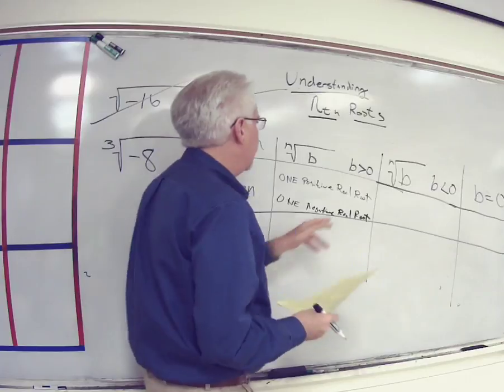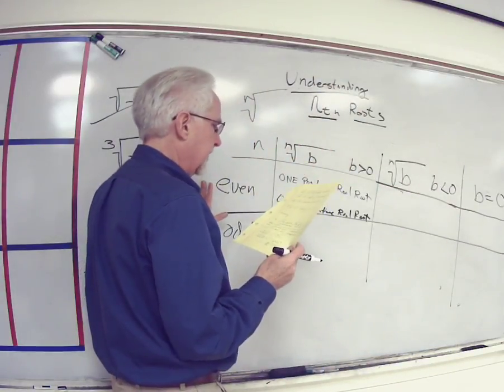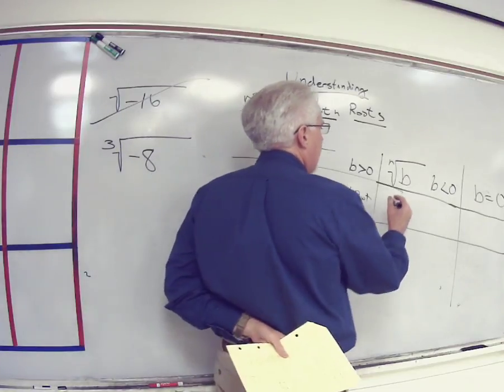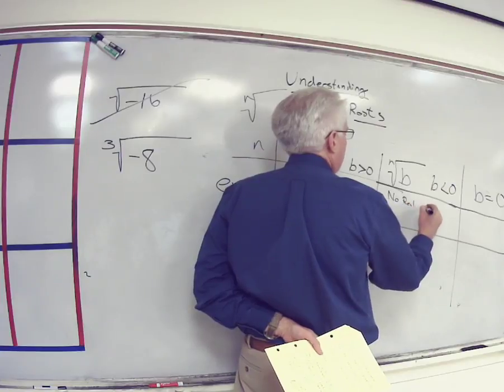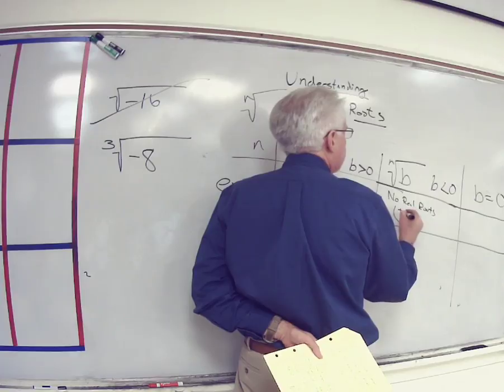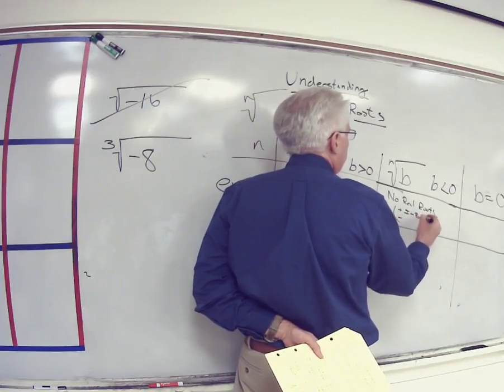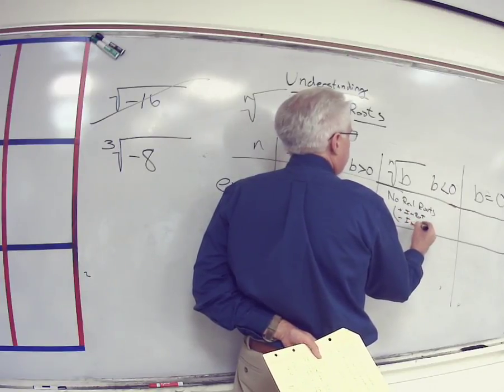All right. If I have the nth root of b and b is less than 0, if it's even, how many real roots do I have? 0. No real roots. Now I do know that I have a positive and a negative what? Imaginary root. A positive imaginary root and a negative imaginary root.